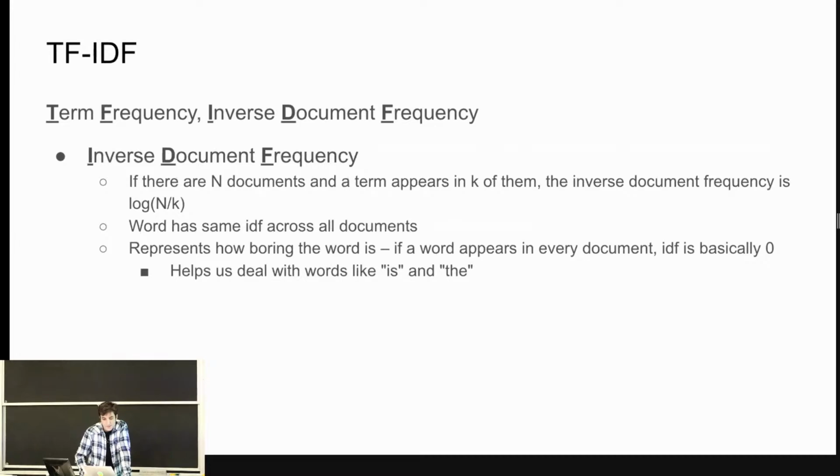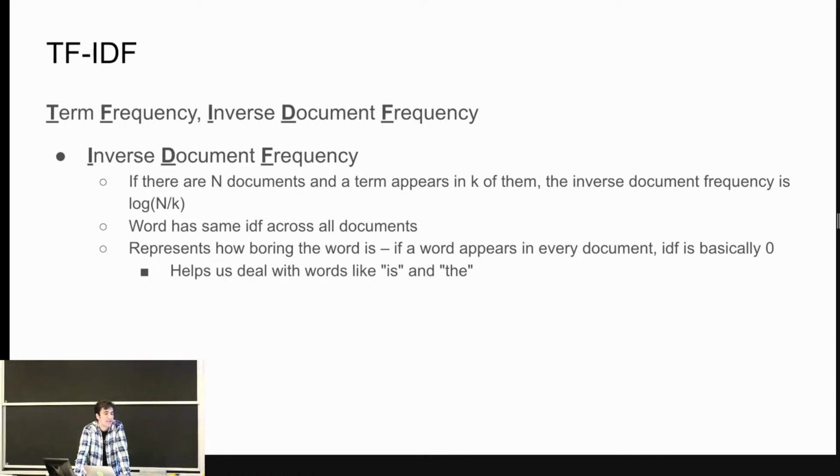Cool. Inverse document frequency sounds complicated, but it's not that complicated. If we have n documents, think of the 3 sentences we had before, and a term appears in some subset of them, the inverse document frequency is just the log of n, our total set of documents, over k, the number of times it appears.